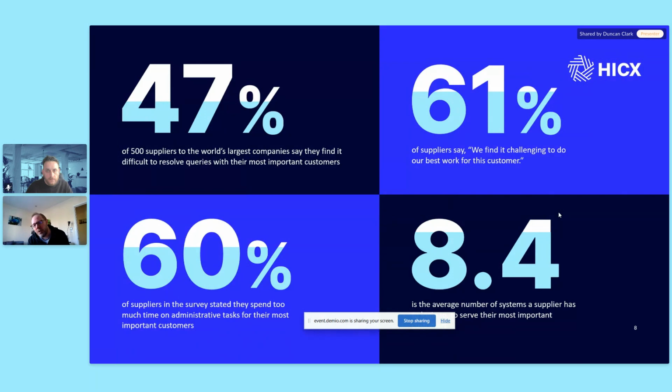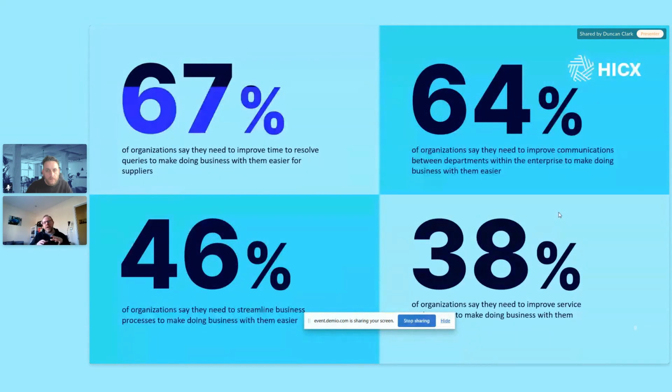And 8.4 is the average number of systems that a supplier has to log into to serve their most important customers. So that's the supplier side. But equally, we also did the other side of the coin survey for enterprises. And we've got some interesting data here, because it looks like brands, large organizations, have recognized this, and they're definitely signaling their intent to address some of these issues.